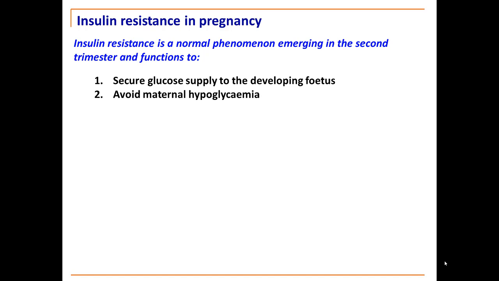So when we're thinking about insulin resistance in pregnancy, it is actually normal. It is a normal phenomenon emerging in the second trimester, and it functions to do a couple of things. It secures sufficient glucose supply to the developing fetus. You need to deliver nutrients to the baby. And it helps to avoid maternal hypoglycemia. But of course, during gestational diabetes, there appears to be an unexplained reduction in insulin secretion.